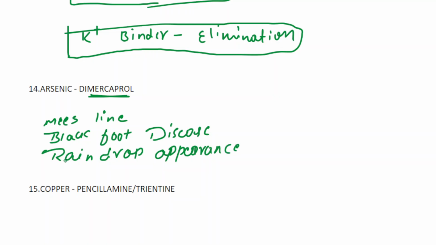This raindrop appearance means dark spotted pigmentation on the skin or brownish pigmentation in the skin. Black foot disease means gangrene. It is also known as gangrene of extremities.